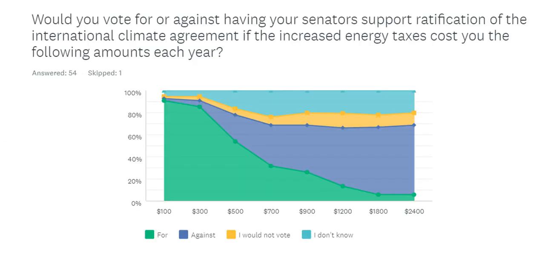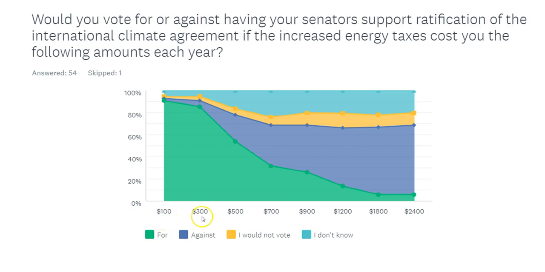Okay, so here are the results from the survey that y'all did over spring break. Again, the question is, would you vote for or against having your senators support ratification of the International Climate Agreement if the increased energy taxes cost you the following amounts each year. This graph is downloaded from SurveyMonkey, and the green area plots the for votes.